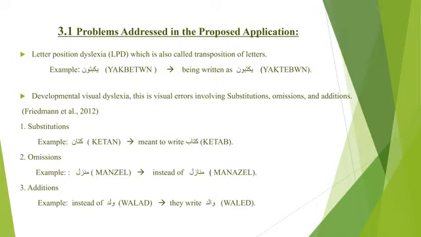The example of omission occurs if a student writes the word manzil, which means house, instead of manazil, which means houses. The example of addition of a letter occurs when instead of writing walad, which means a boy, they write walid, which means a father. These errors create mixed errors and further increase students' problems as dyslexic individuals.